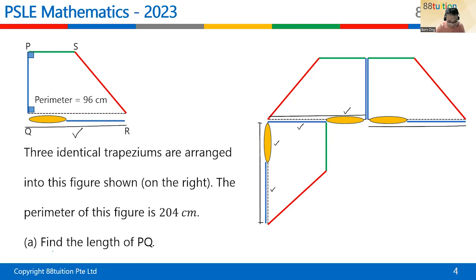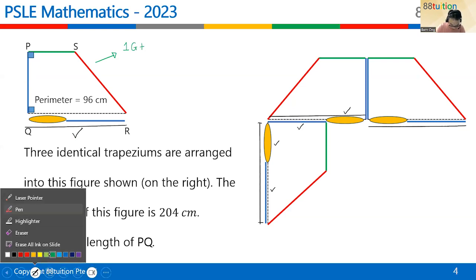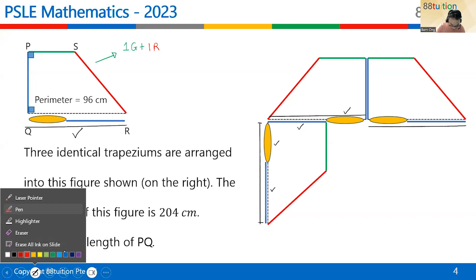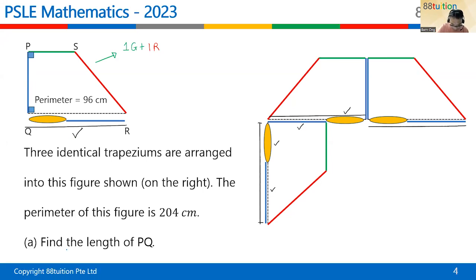So down here, we have the clue saying that the perimeter is 96. So the perimeter is made out of one green plus one red plus one black. But now the black is actually made out of the blue and the blue.